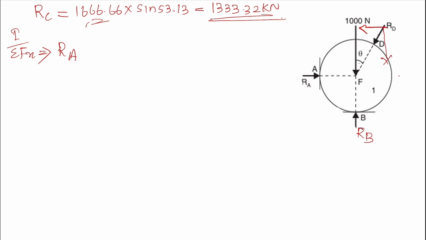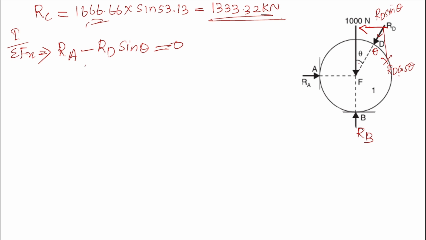Okay, this angle is theta. So definitely this angle is theta. So this component is RD cos theta and this component is RD sin theta. So here the horizontal component is minus RD sin theta because the component is acting to the left side, equal to 0. So we already know the value of RD from the second sphere, right? It is 1666.